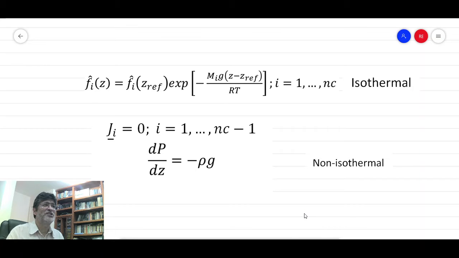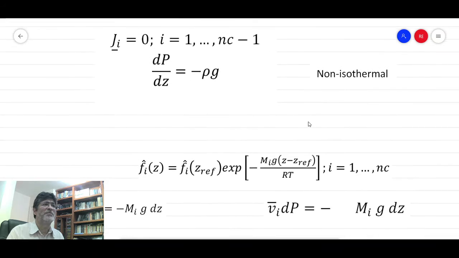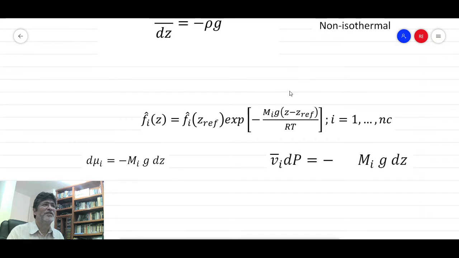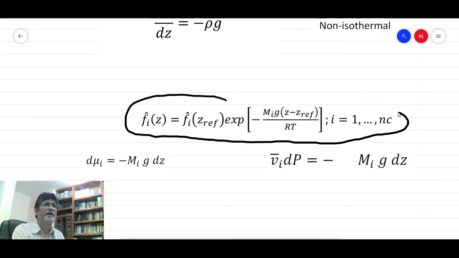This is a very interesting question, because for the isothermal system, if you have to solve these kinds of equations here, you must know, first of all, that this set of equations came from the condition that the modified chemical potential is constant throughout. d mu_i is equal to minus molecular weight of component i times g dz.